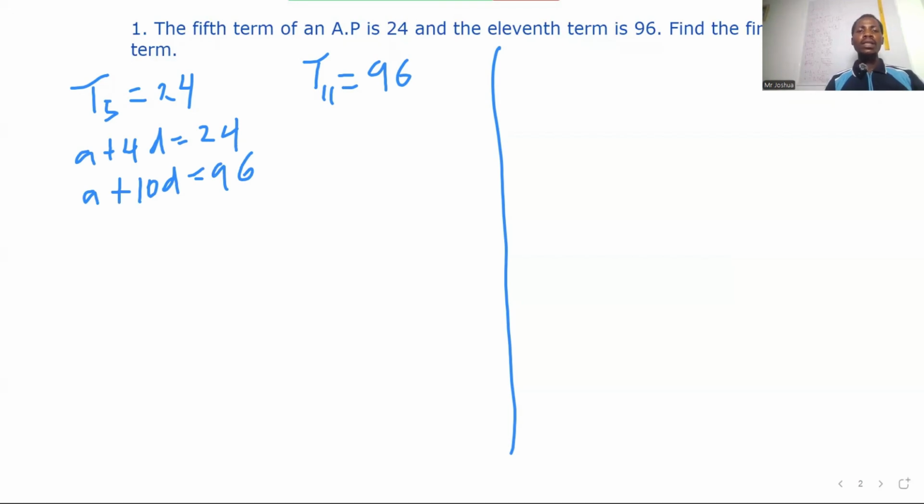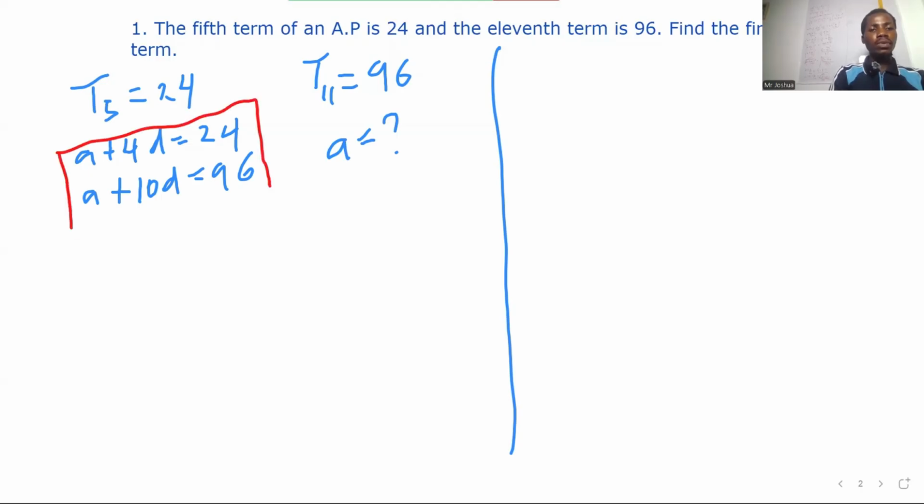Okay, having this, they said we should find our first term. That means we are looking for A. Our A is our missing value. So how are we going to find that? Since we've interpreted it this way, let's write that out to form 2 equations.